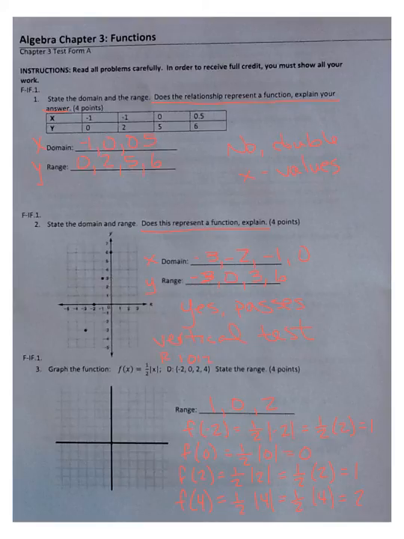So we get -2, 1, right there, 0, 0, right there, 2, 1, right there, and 4, 2, right there. So that's what your graph should have looked like. If you got a point on the graph wrong, I think I took off half or 1/4, I can't remember. It's been a while.